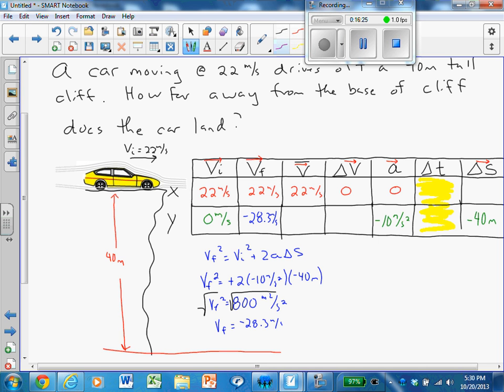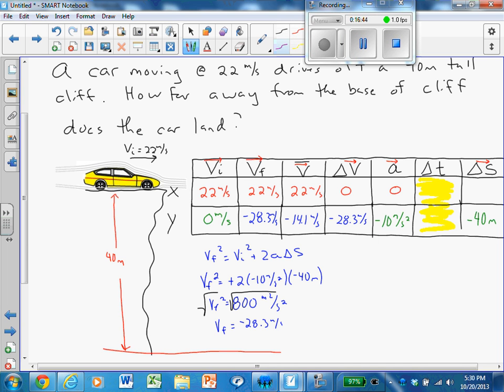Now I can see that the average speed would be 14.1 minus 14.1 meters per second. Delta V would be Vf minus Vi, or minus 28.3 meters per second.